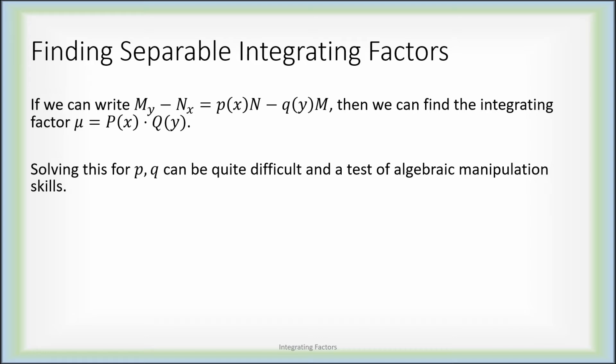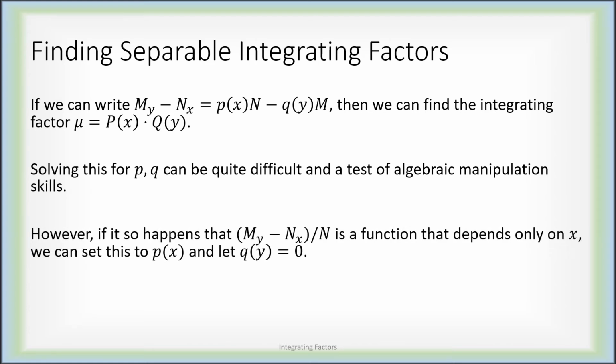Whatever M_y and N_x are, you just compute these partial derivatives and you hope that through sheer cleverness you can figure out a p of x and a factor of N, the original function N, minus q of y and the original factor M. But let's just suppose, again, simplifying assumptions, that M_y minus N_x over N only depends on x.